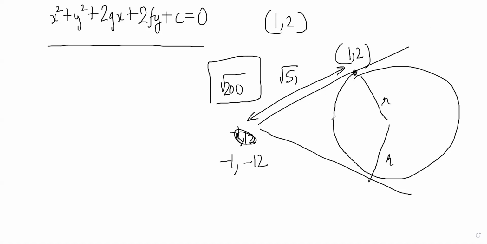So with 1 comma 2, we can just say it lies on the angle bisector of the two lines, and then we'll get two relations for the center.